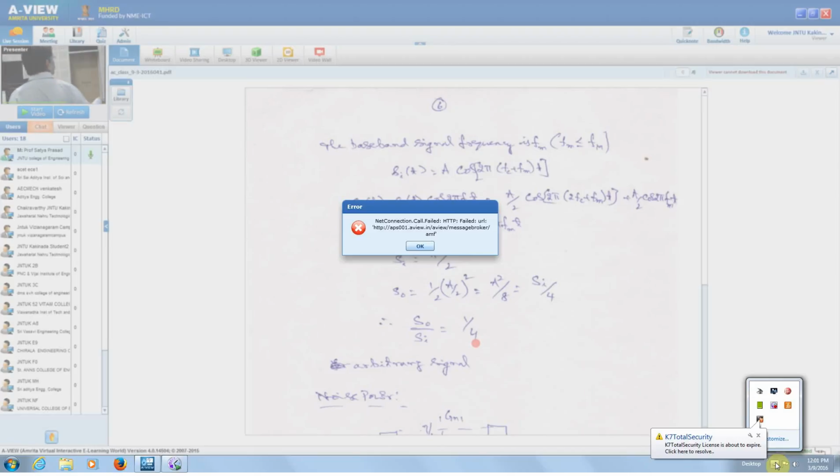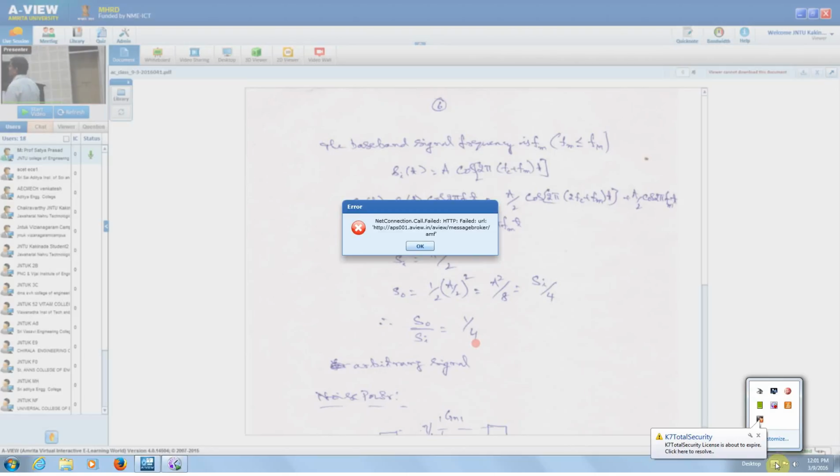The input signal has a number of frequencies FM. So separate out the different frequencies FM1, FM2, FM3 and so on. So cos 2 pi (FC plus FM1), cos 2 pi (FC plus FM2) and so on. Different frequency components, your spectral lines, are there. Each spectral line gives you a corresponding 2 pi FM1T, 2 pi FM2T and so on. So the output will be a combination of all these baseband frequency components.